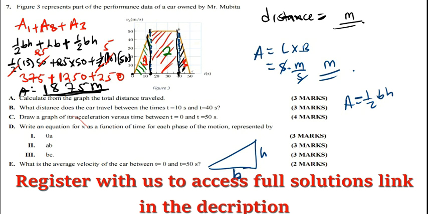Now if I go to part B, which is saying what distance does the car travel between time when t is equal to 10 and t is equal to 40. Allow me to get rid of this again so that we look at it clearly.